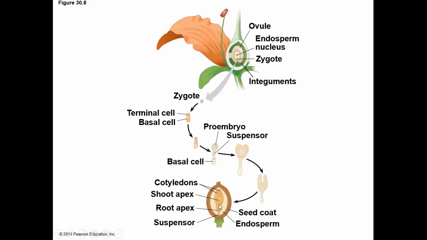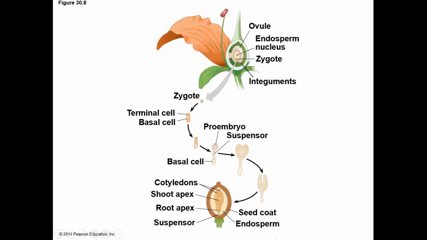The top of this embryo is branching off into two different cotyledons, and the lower portion of the plant is starting to differentiate into the roots. Notice also that a tough seed coat has formed around the developing seed.